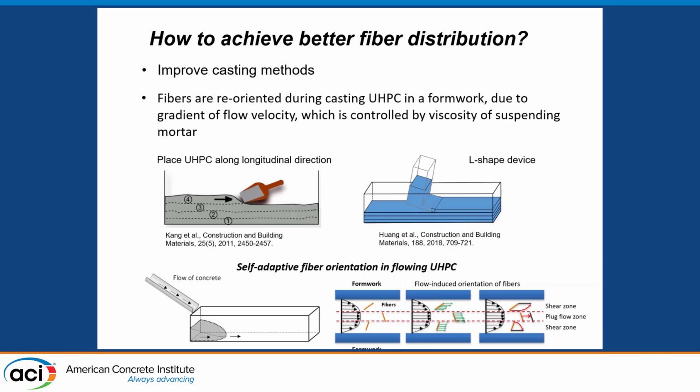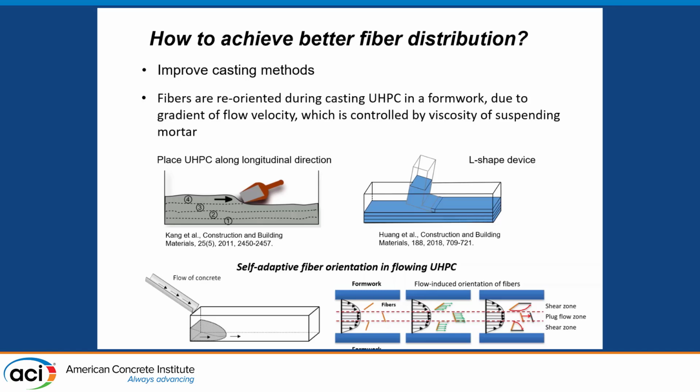In the shear zone, there will be gradients of the flow velocity, and that will apply a torque to the fibers and orient the fibers to the flow direction. And there is a plug zone. In the plug zone, the velocity of the flow is the same, so you will not have the fibers oriented. So for the highly flowable types of UHPC, we will want the thickness of the shear zone larger than the plug flow zone.